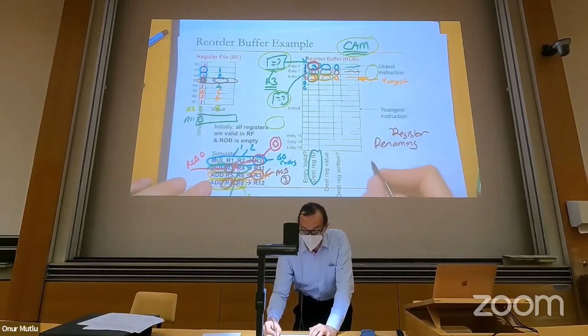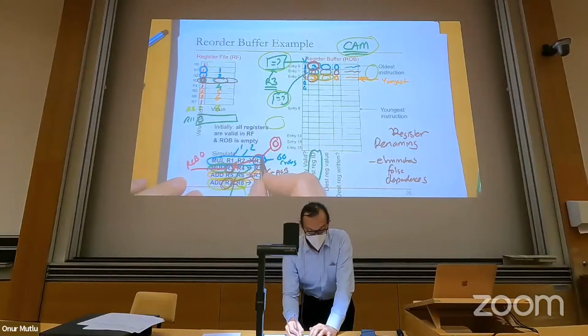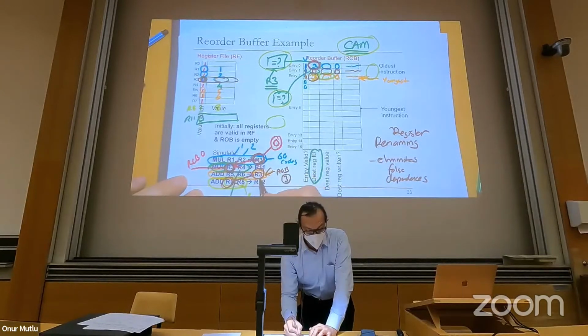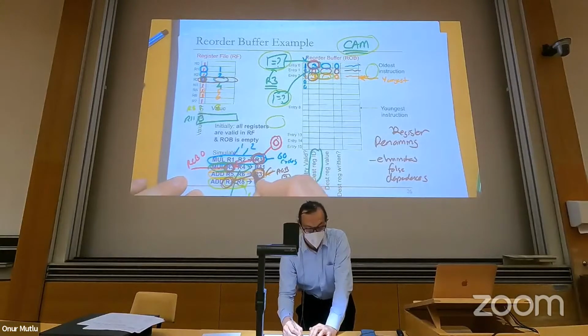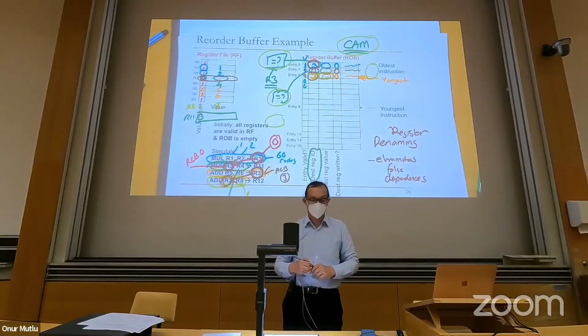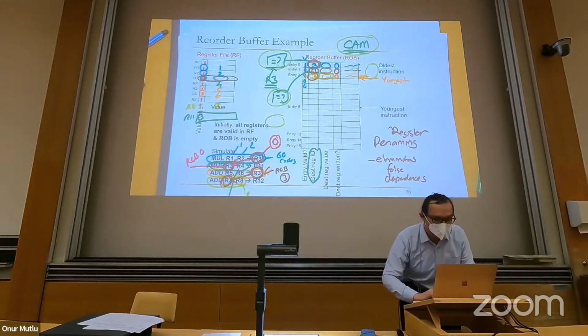That way, you can eliminate false dependencies. So basically, true dependencies still remain, meaning you basically connect the producer to the consumer. But false dependencies don't remain because you basically have multiple definitions of R3 and you connect the correct producer to the correct consumer. That's the idea. So we're going to see more sophisticated examples of this in the next lecture.